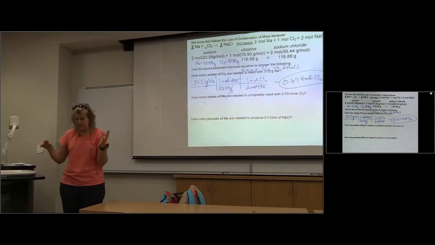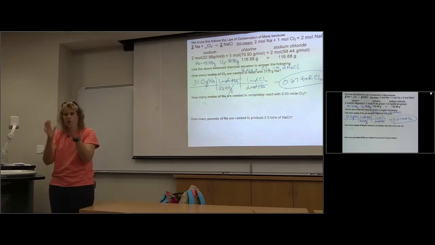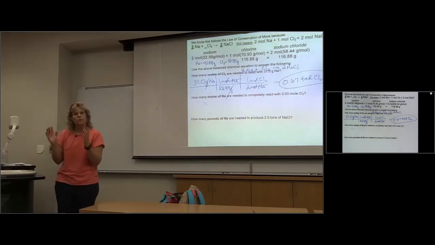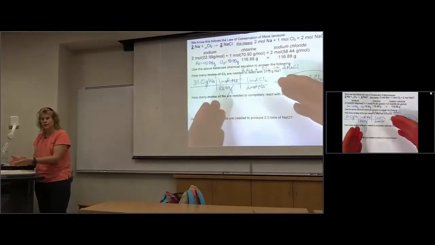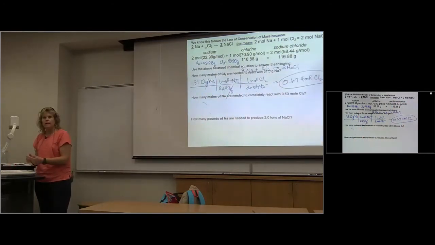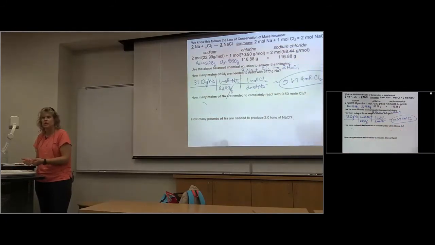So you understand if I say 12 inches equals 1 foot, you agree 12 inches is the same as 1 foot. That makes sense to us. 3 feet is the same as 1 yard. That makes sense to us. But here I'm telling you 1 mole of chlorine is showing up as if it's equal to 2 moles of sodium.